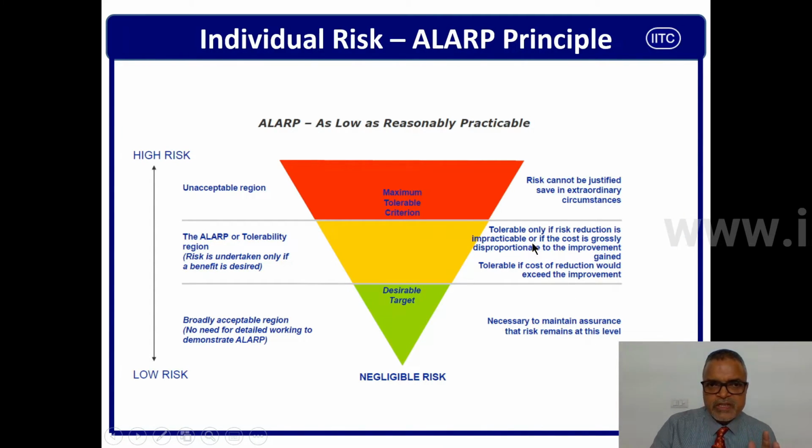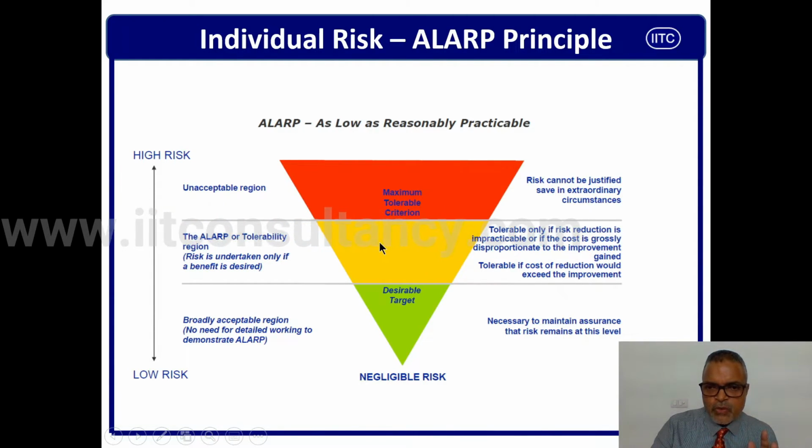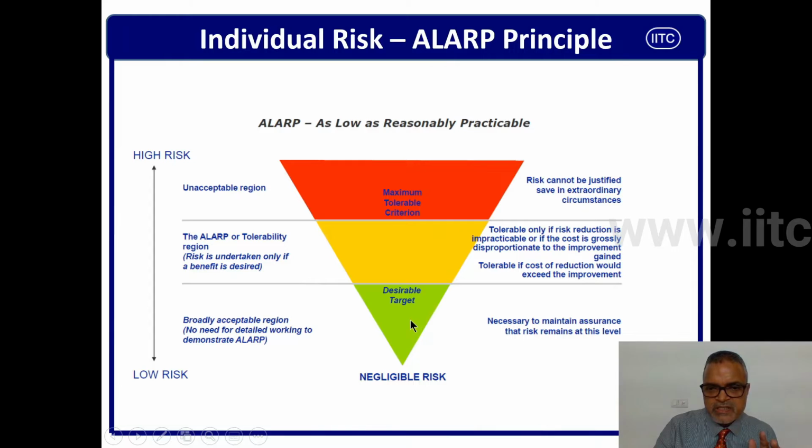So I hope you understand the principle of the ALARP triangle. In the red zone, no work should be there. In the yellow zone, work can be allowed, but we need to demonstrate the ALARP. Risk reduction is undertaken only if a benefit is desired. And in the green zone, it is broadly acceptable and work can be done.